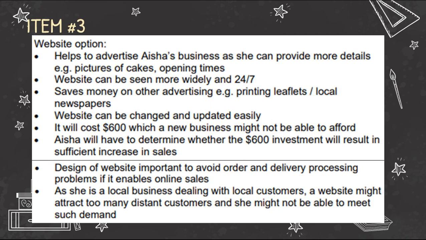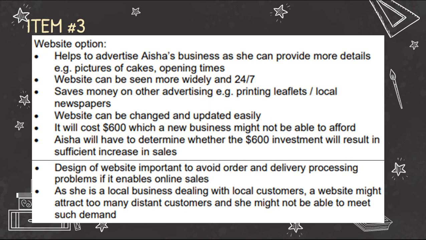In my opinion, if I'm going to choose between a discount option and a website option, I would rather choose the website option because number one, she's new, okay? She's new and there's competition in the market when it comes to her product.